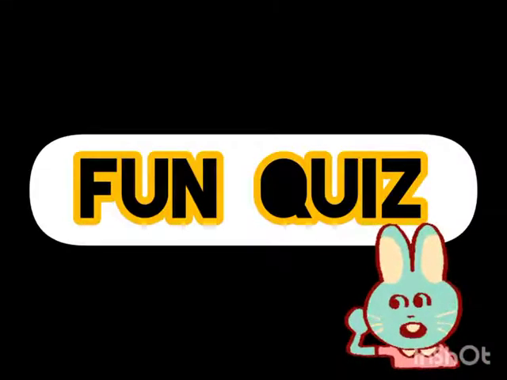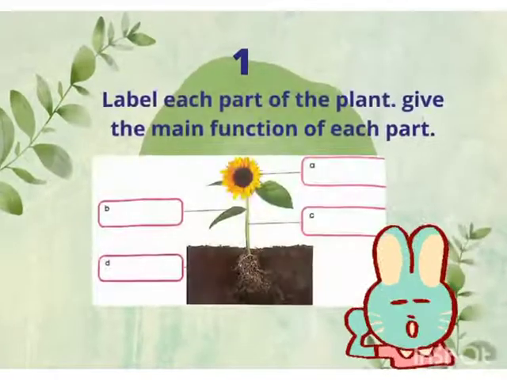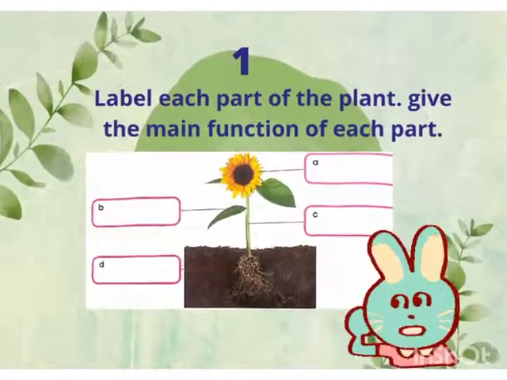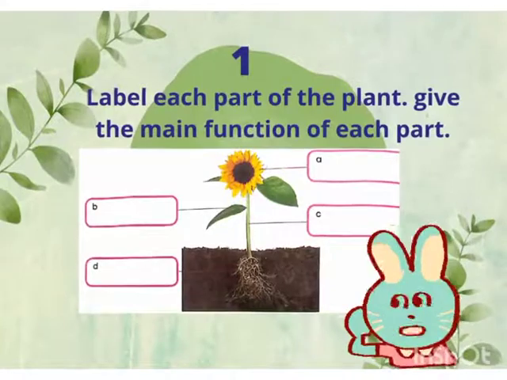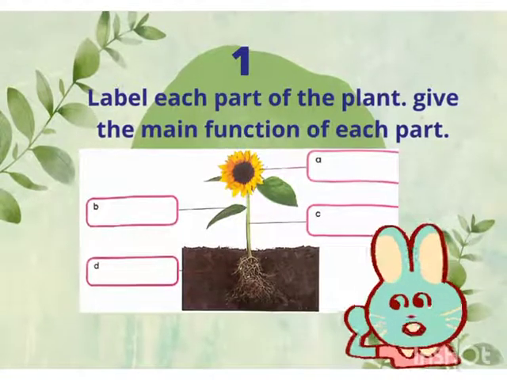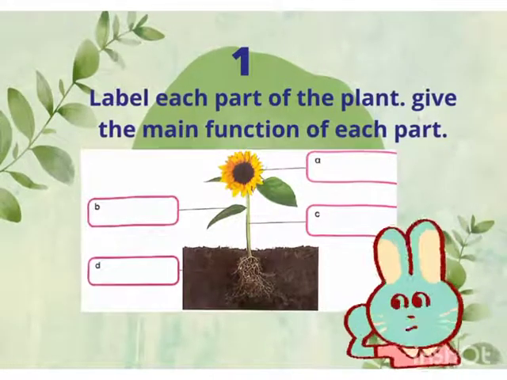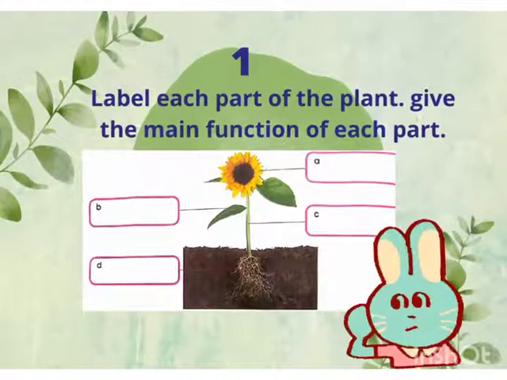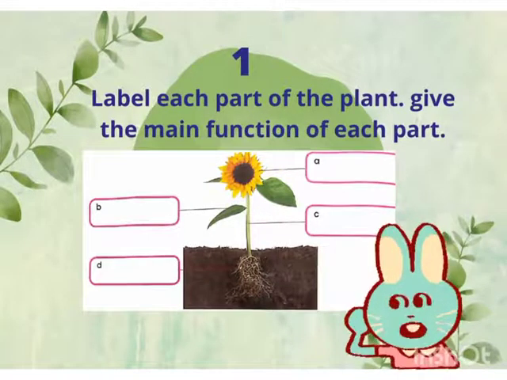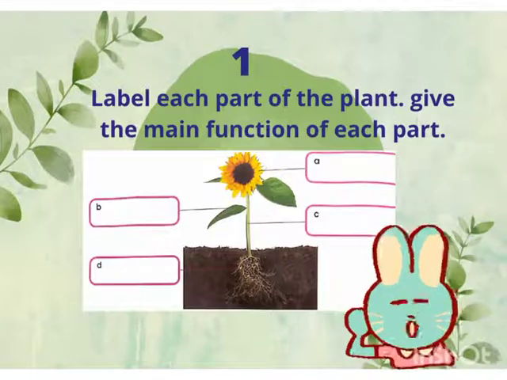Now, we will do our fun quiz. Question number 1, if you can answer it, you may raise your hand. Okay, Alvaro, that's the correct answer. Part A is the flower, B the leaf, C the stem, and D the roots.